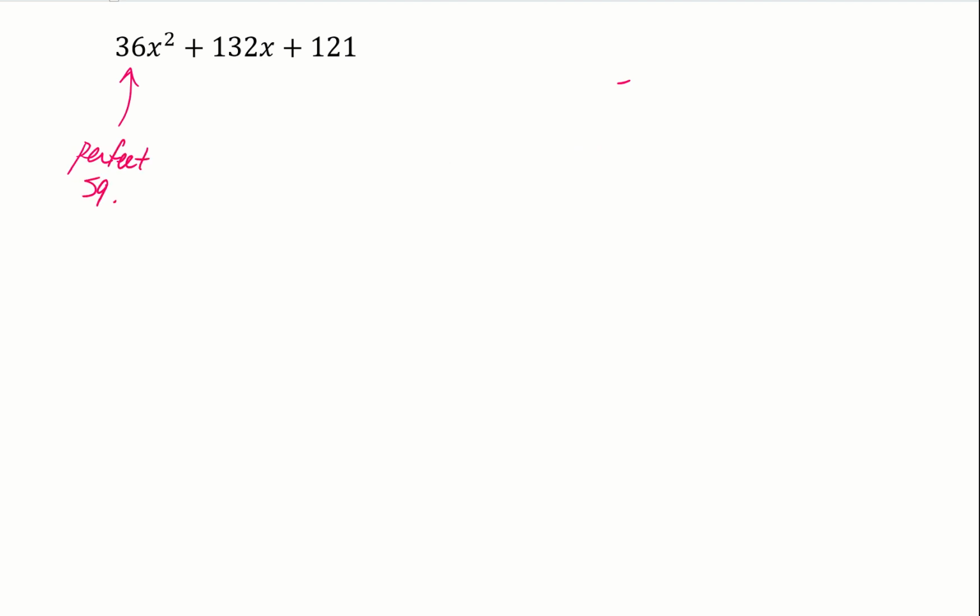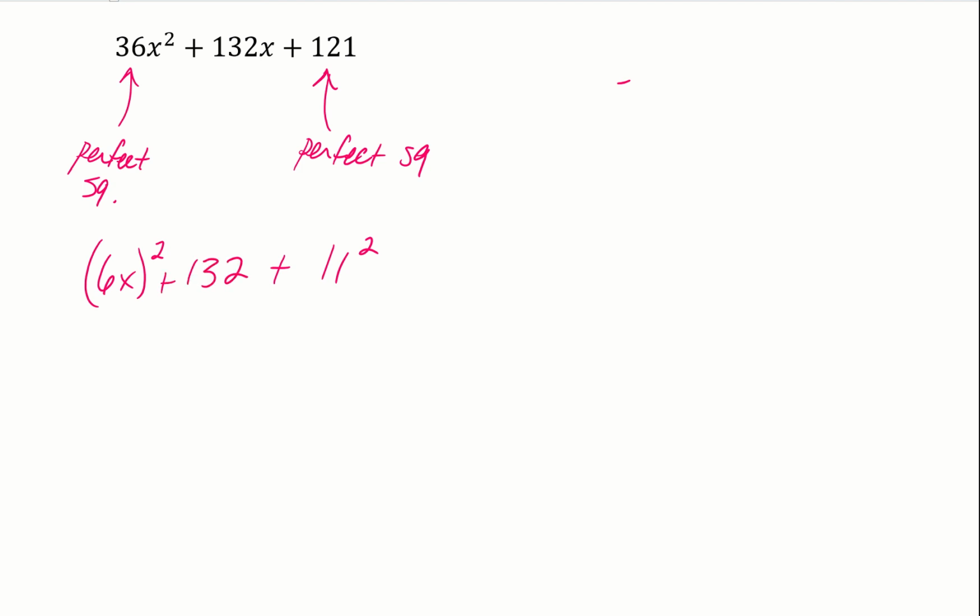So square root of 36 is 6. Square root of x squared is x. So you can write that as 6x quantity squared. The second term, 121, is a perfect square. Square root of 121 is 11.